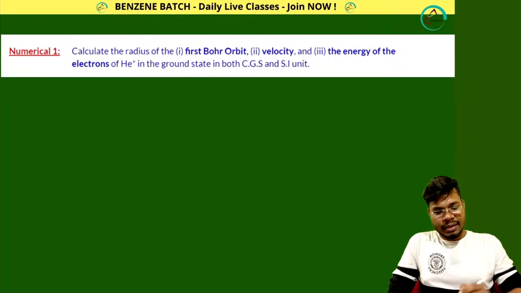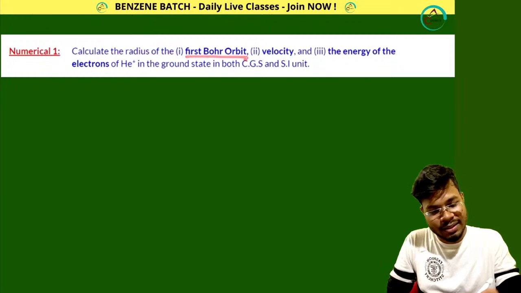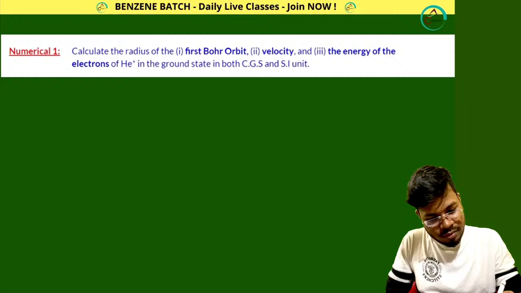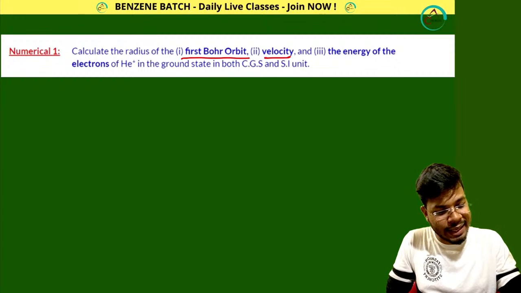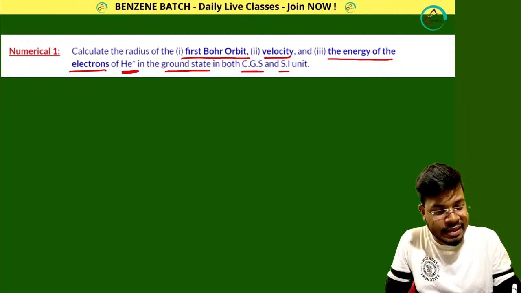Calculate the radius of the first Bohr orbit. Look at this, focus on this word: first Bohr orbit. Velocity and the energy of the electron in He+ in the ground state, in both CGS and SI units.